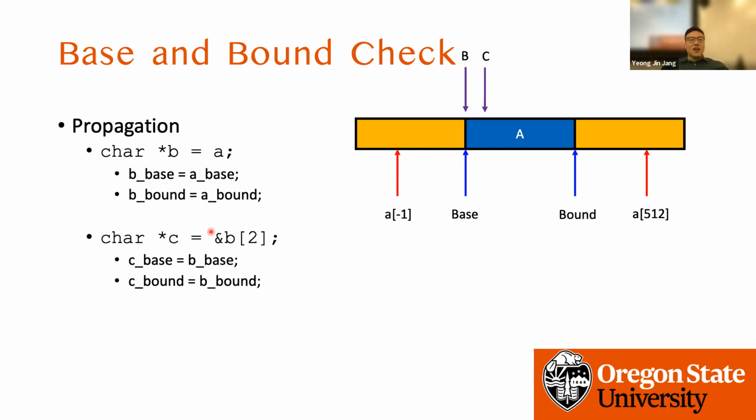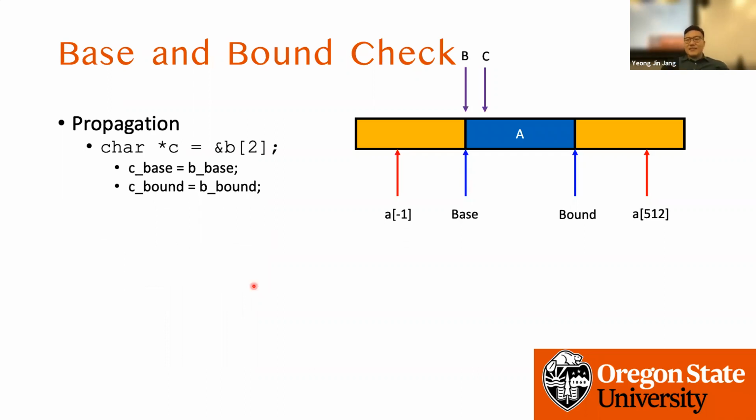In this case, although we change where it points from the start of the buffer, we don't change anything about the base and bound. So for the propagation rule, we just propagate base and bound as the same value, because base and bound has never been changed.